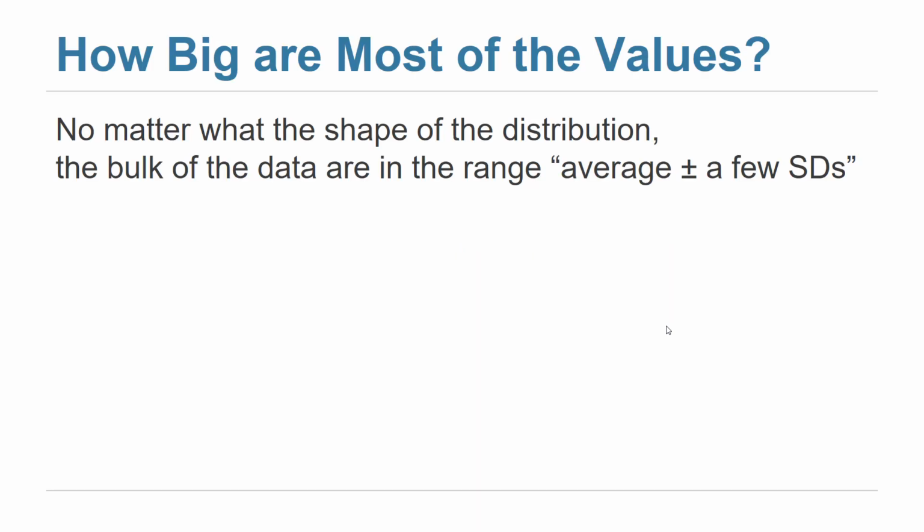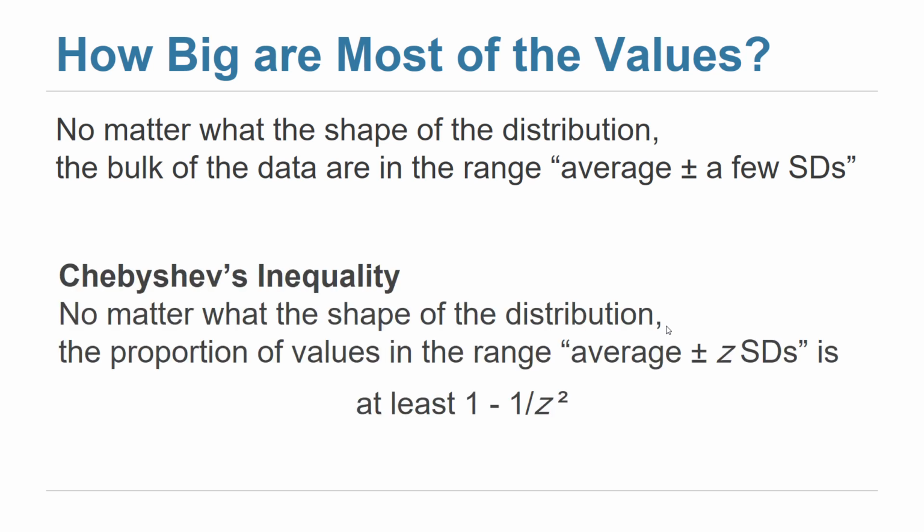Getting back to the first reason, what we just mentioned is an informal statement of what is called Chebyshev's inequality. Chebyshev's inequality informally says that no matter what the shape of the distribution of the data, the bulk of the data are in the range average plus or minus a few standard deviations. Let's see formally how it is stated.